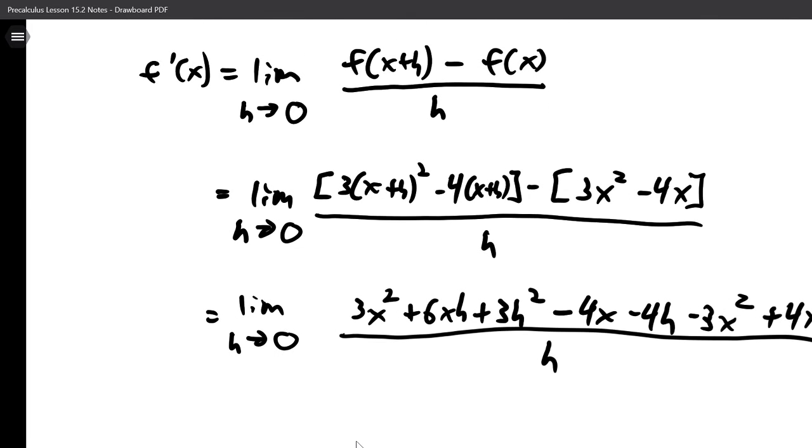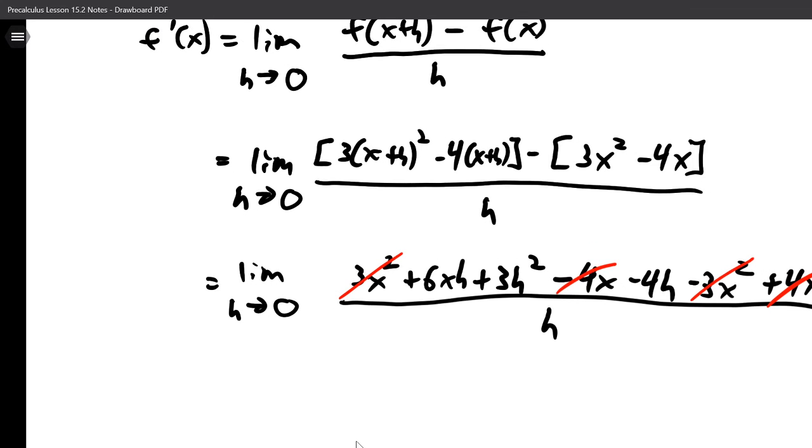Now check it out. What cancels? My 3x squared cancels with my negative 3x squared there, and my negative 4x cancels with my positive 4x there, and everything that's left has an h in it. So I can factor an h out, and that's what creates a cancel with the h in the denominator.